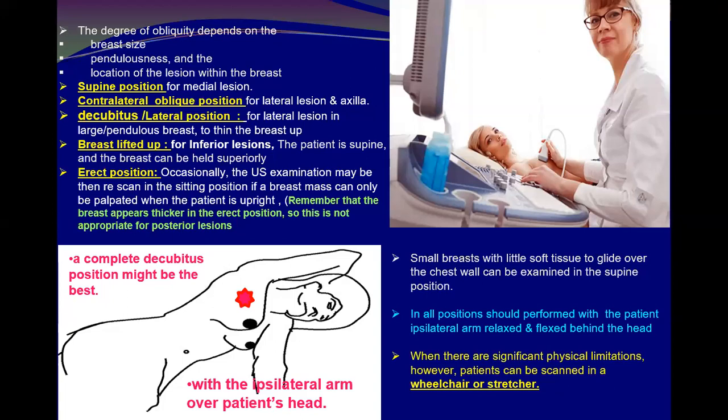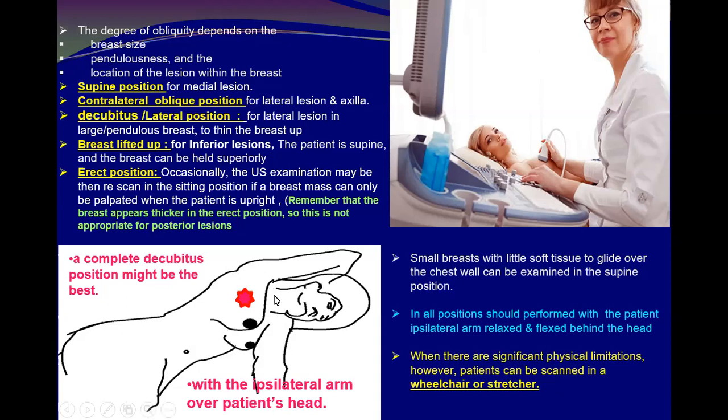And in all situations, the hand or shoulder on the ipsilateral side of examination should be relaxed and fixed behind the head. And sometimes, if there are physical limitations, you might need to scan the patient in a wheelchair or on a stretcher.